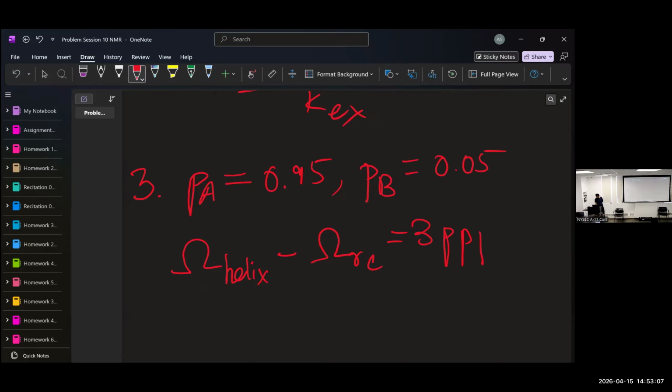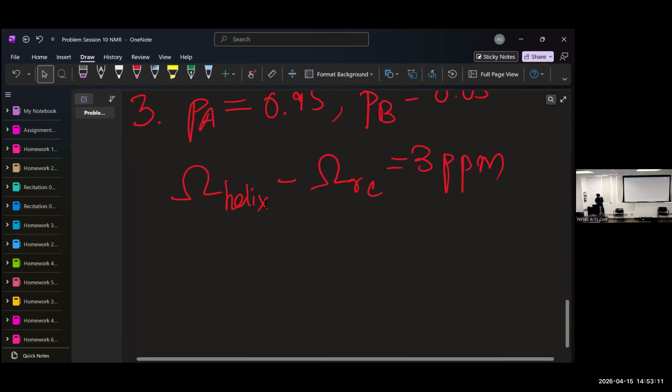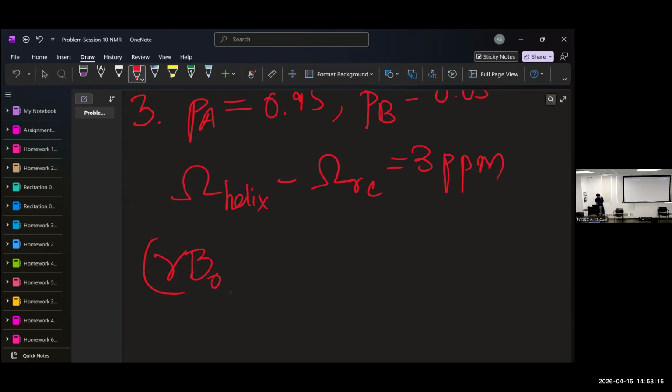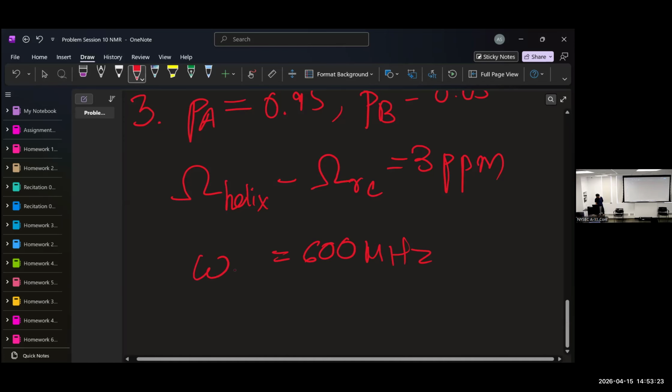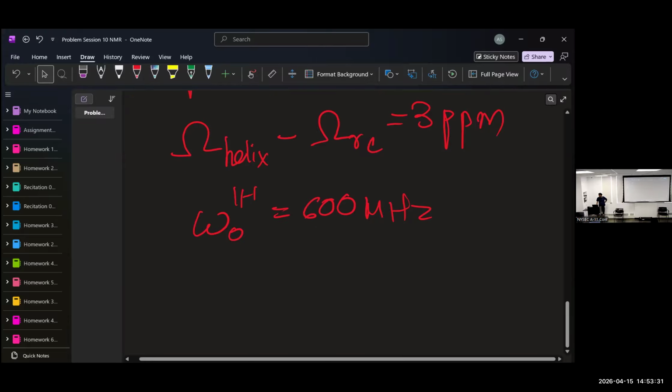And remember, we're doing carbon. Proton Larmor frequency is 600. Approximately, what is the carbon Larmor frequency?